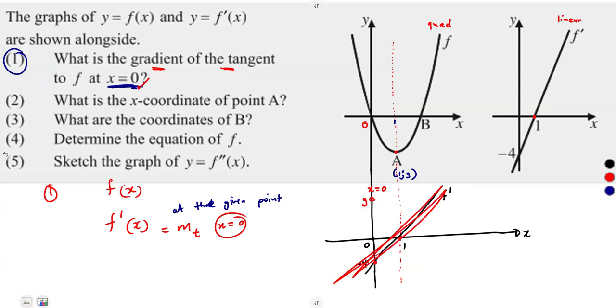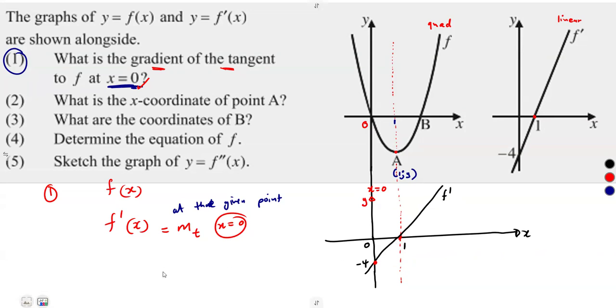The first derivative passes through the y-axis at -4. When x is 0, y is what? -4. So the y-intercept there is the gradient of the tangent at x is equal to 0. The y-intercept of what? The first derivative. That is it.